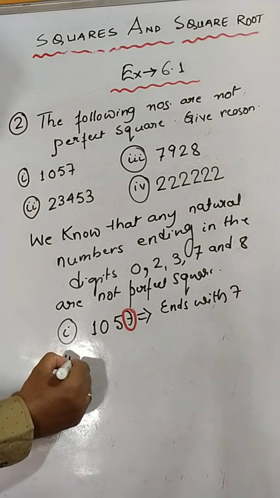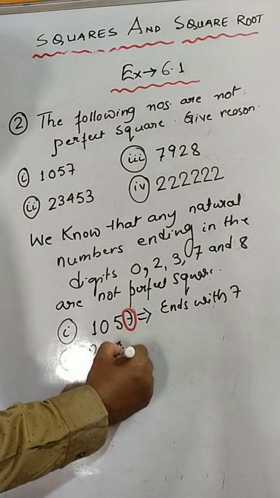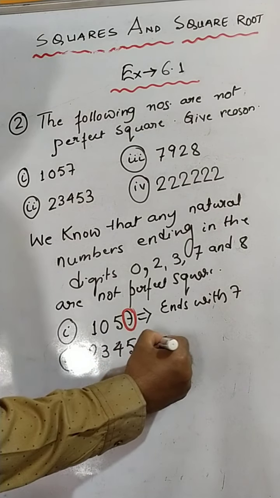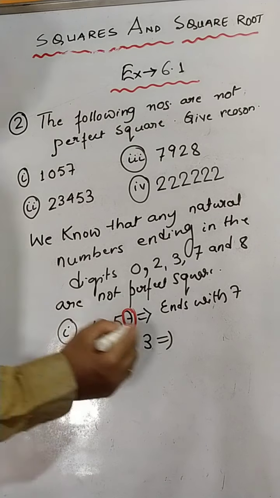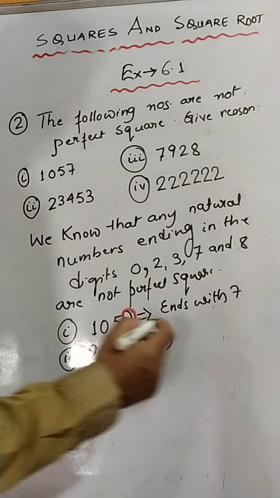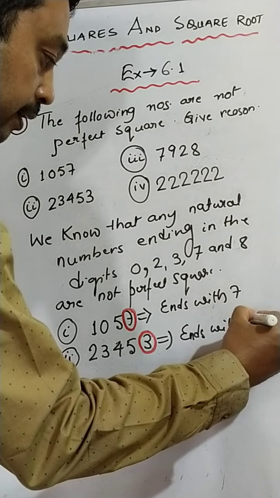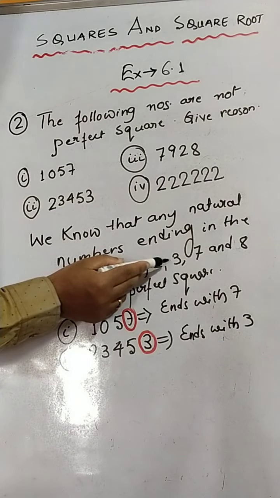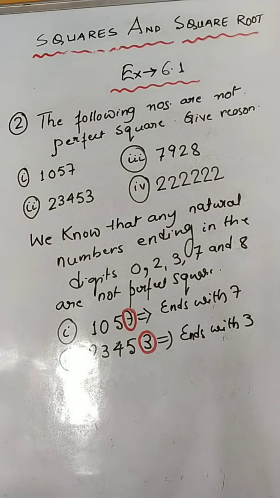Now number 2. What is number 2? 23453. What is the unit digit? Yes, the unit digit is 3, isn't it? So it ends with 3, because we have already mentioned that any natural number ending with 3 will also not be a perfect square.